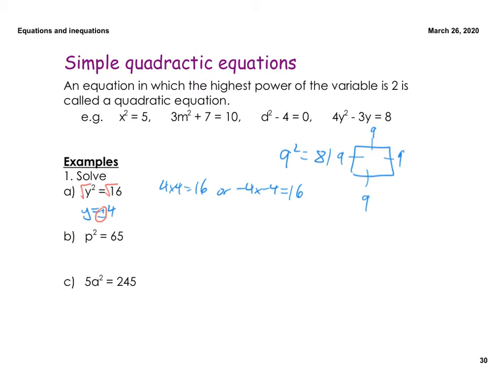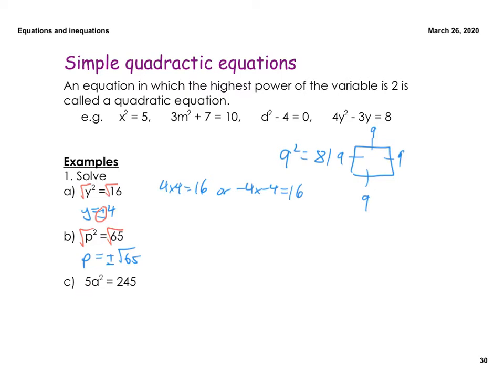Okay, part B, p squared equals 65. We're going to square root. Now the square root of 65 is irrational, so I'm going to leave it as plus minus root 65. Part C, divide by 5 first to get rid of this.